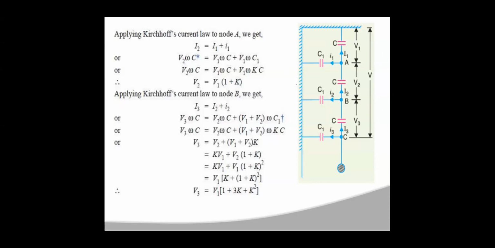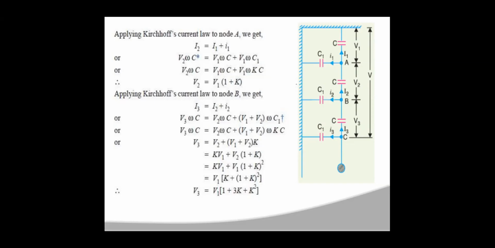Due to this shunt capacitance C1, the current flowing through each disk is not the same. When the current is not the same in each disk, the voltage distribution is also not the same.